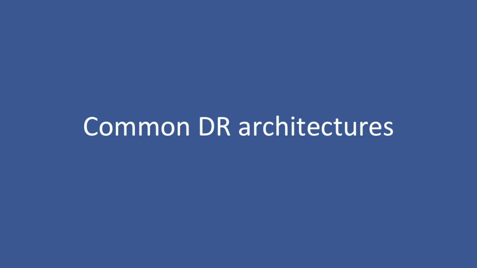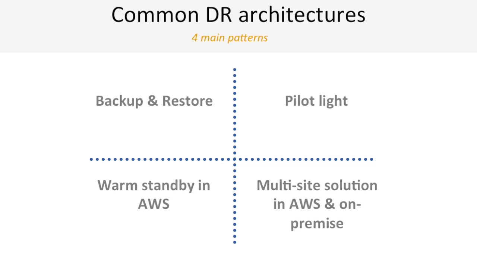So that's some of the technologies. What are some of the common disaster recovery architectures that people are employing? There are 4 main patterns. There's backup and restore, where we simply take some data, hold it in a secure place, and when we need it, we restore from it. There's Pilot Light, where we keep a hot data set live.